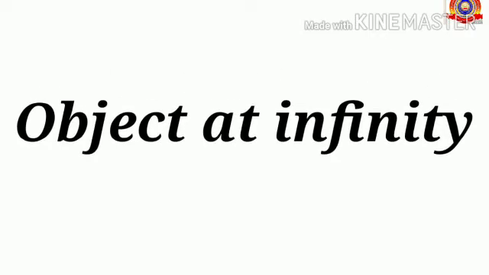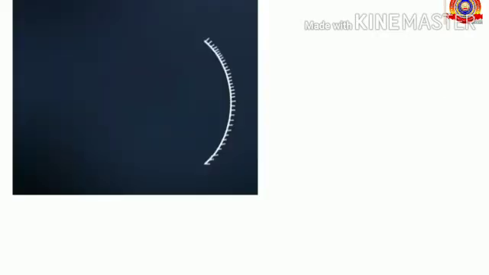First one, object at infinity. Here the position of the object is at infinity. For that, first draw a concave mirror, then draw the principal axis from the center of the concave mirror. Then mark the points center of curvature and the principal focus on the principal axis.